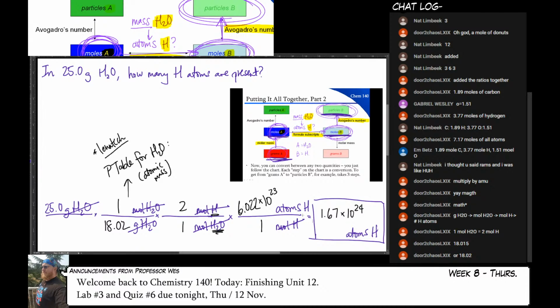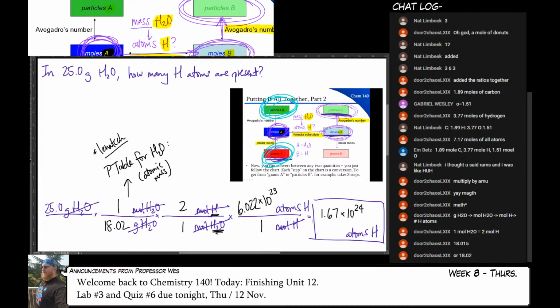So this is the general flow of this type of problem. Now, something that can happen is I might give you a problem that resembles something from earlier in chapter 12, and maybe, for example, let me change my color here. That'll show up. So let's suppose I start with grams of A, but then I ask you how many particles of that same substance there are.